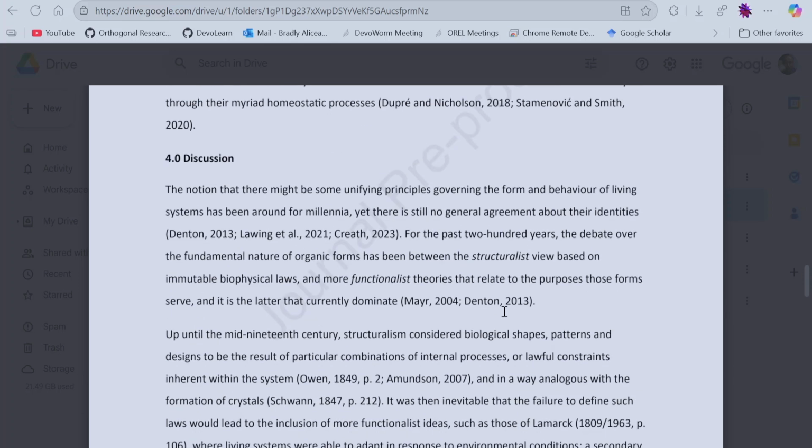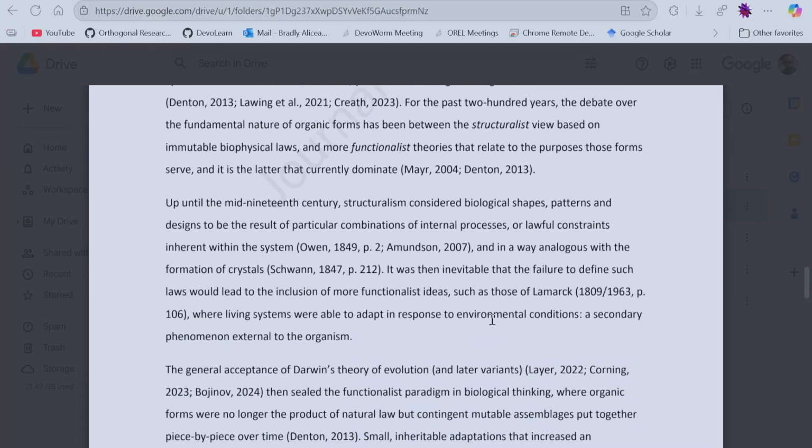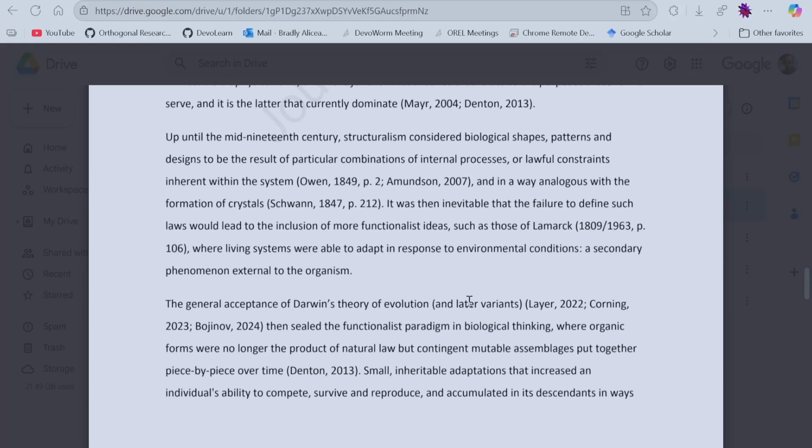Then in the discussion, they talk about how there are these differences between structural and functional theories. Structuralism is kind of separated from functionalism in ways. And we ended up with these two distinctions between structural theories and functional theories of biology.